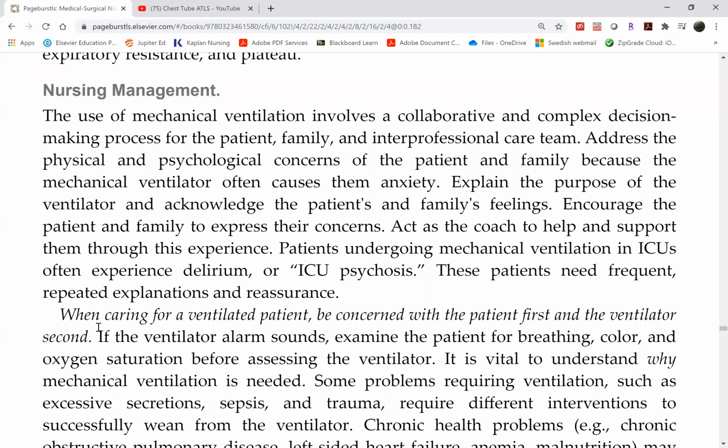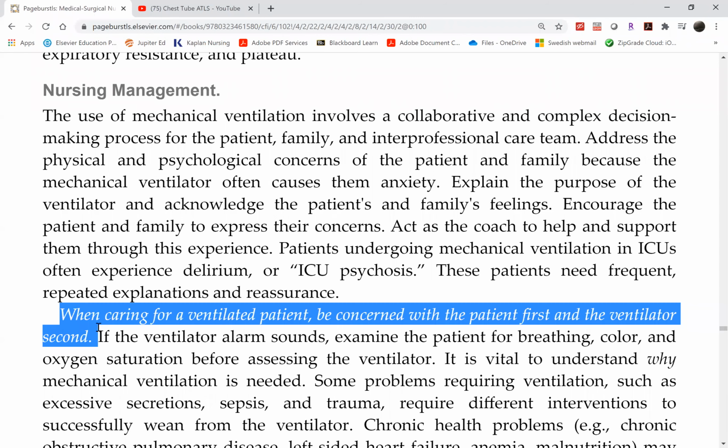It's easy for patients to go into ICU psychosis. This is mainly due to sleep deprivation. You can imagine how busy and how noisy an ICU can be. The most they'll get probably is 2 hours straight sleep before a nurse comes in, either draws blood or checks them out, so that wakes the patient up.